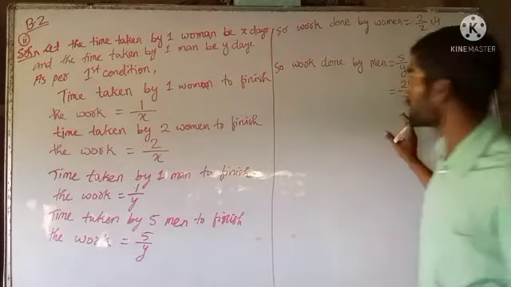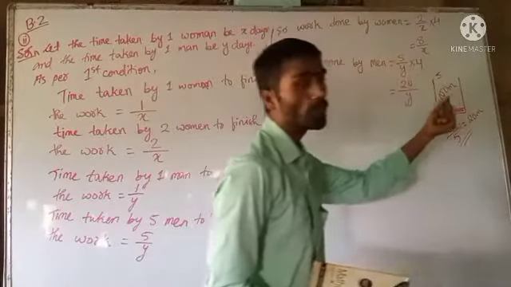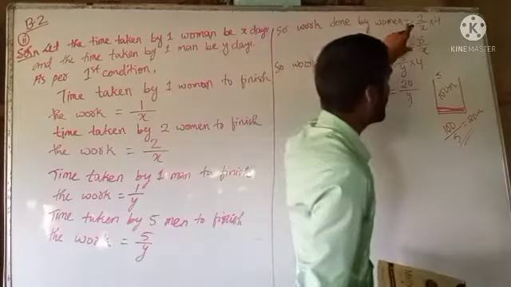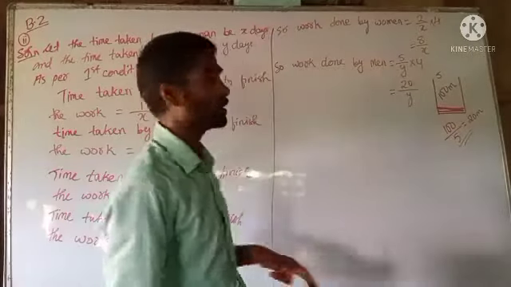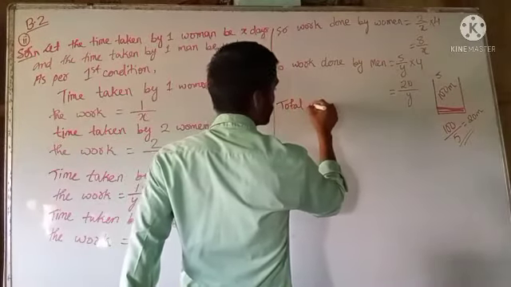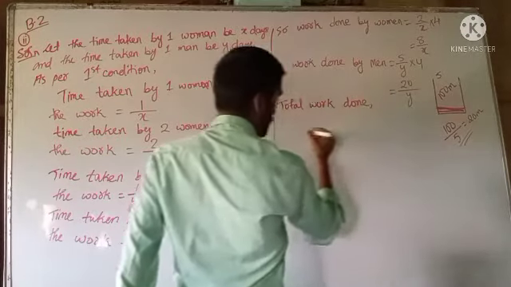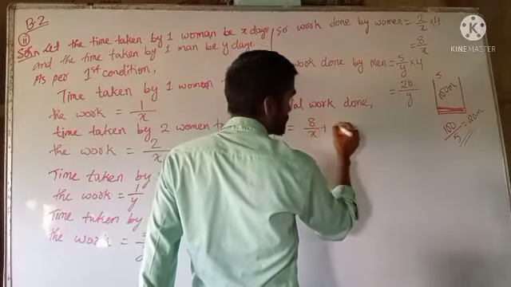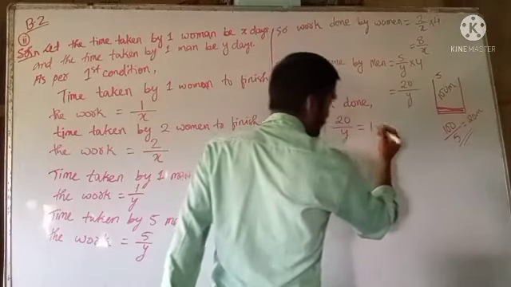Now they are completing. What is the work done here? The work done here, it is finishing one work, that is to finish one embroidery work. So when we will add them, we'll come to know that they are finishing one work. So total work done is equal to 8 by x plus 20 by y is equal to 1.